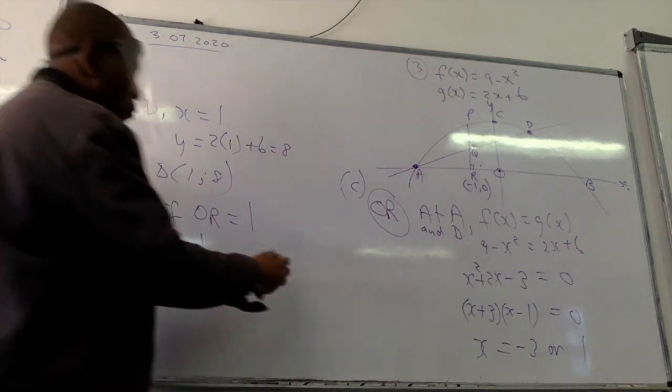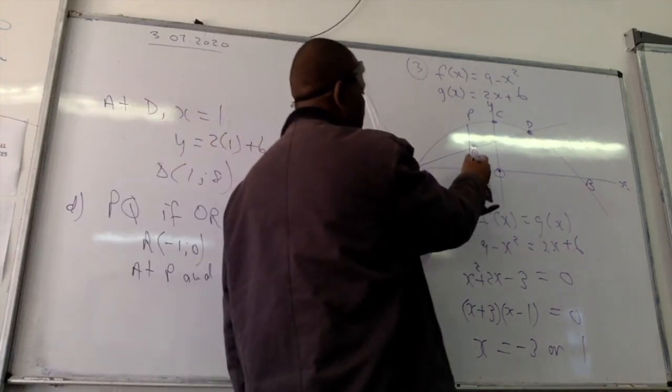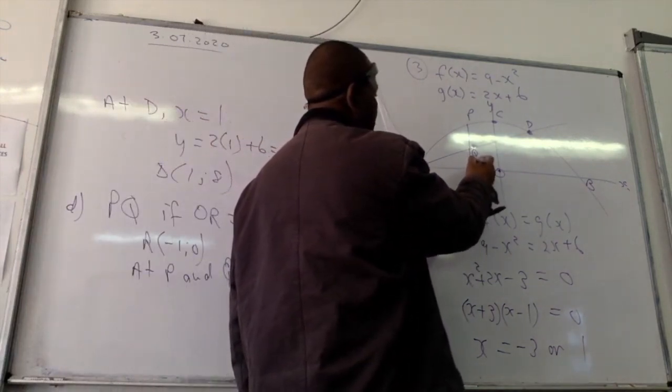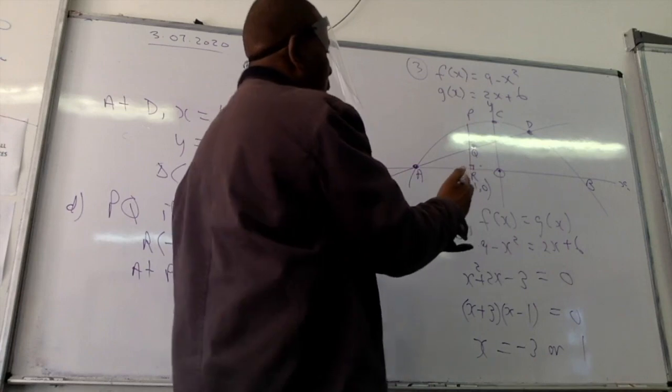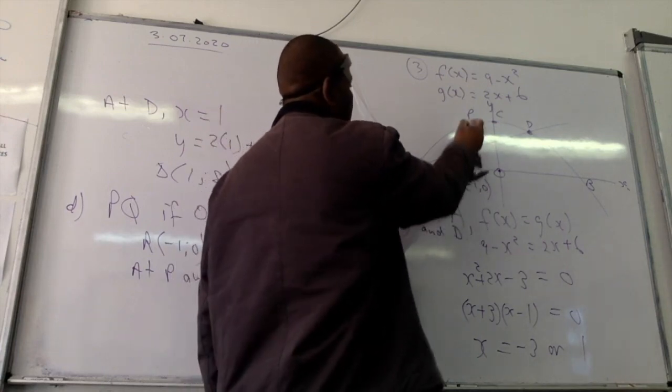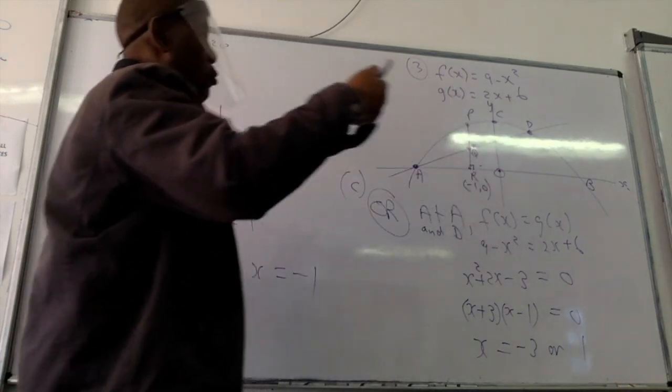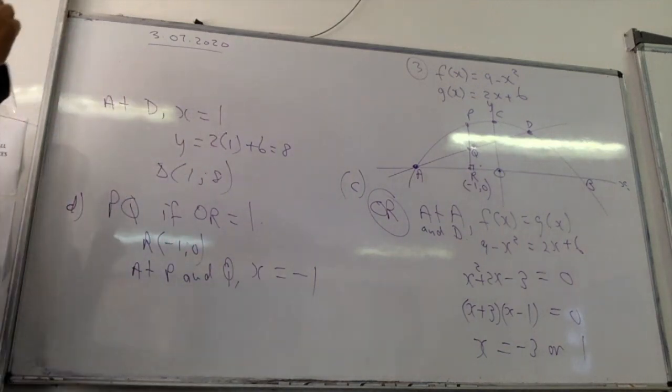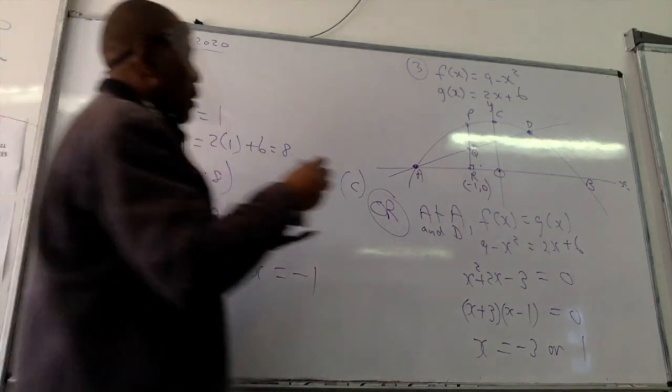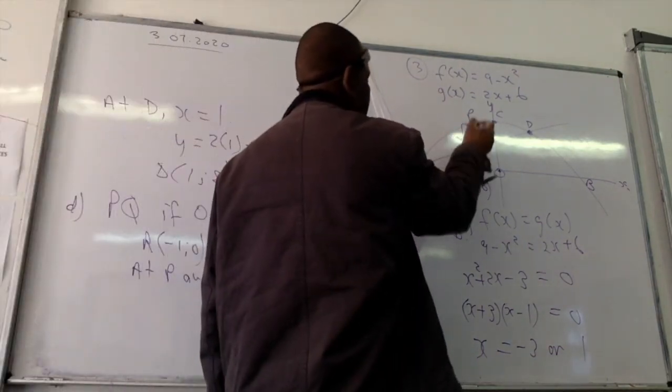It is also -1, because this line is perpendicular to the x-axis. So this is a vertical line, which means these points form a vertical line if you join them. At P, x is -1, and at Q, x is -1, and we are looking for this distance.